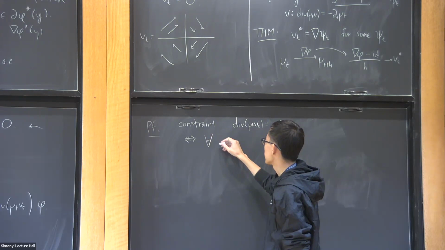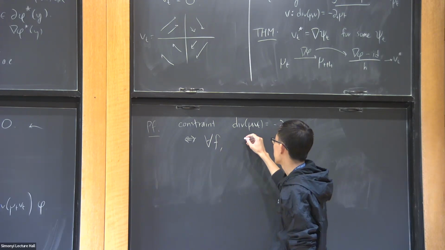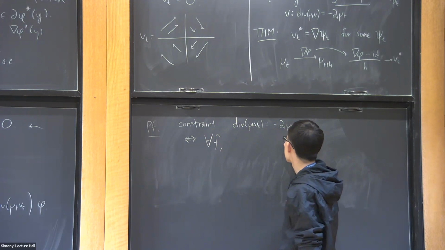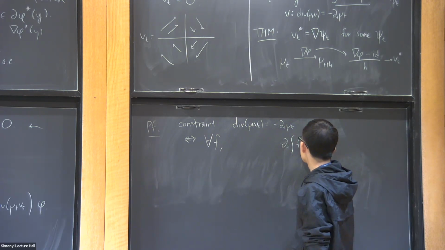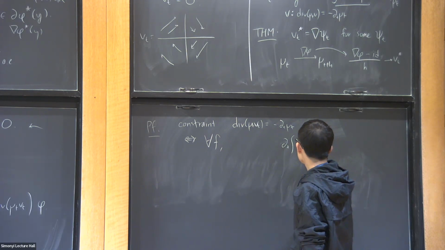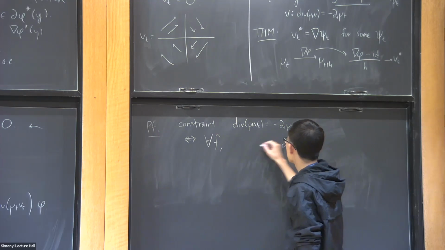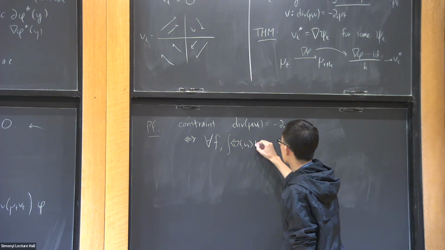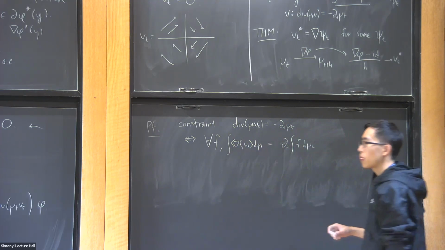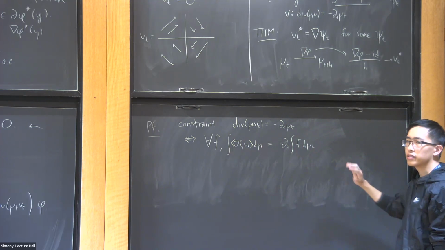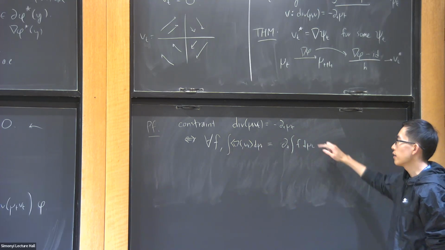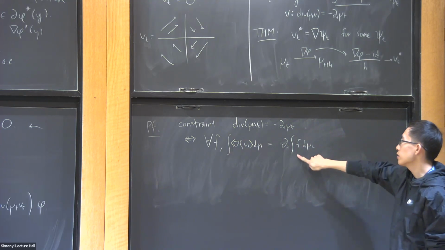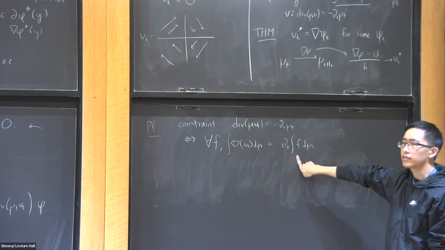So for all test functions, let's say f, I want that the time derivative of f under μt is equal to the integral of grad f dot vt under μt. I'm claiming this was a derivation that we already did, that this constraint is equivalent for all test functions f to having this.